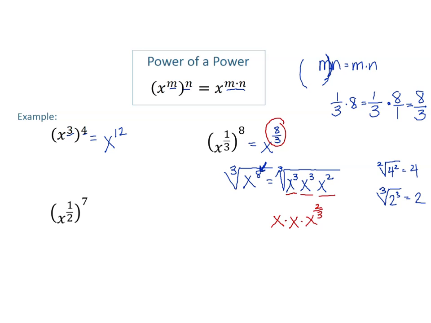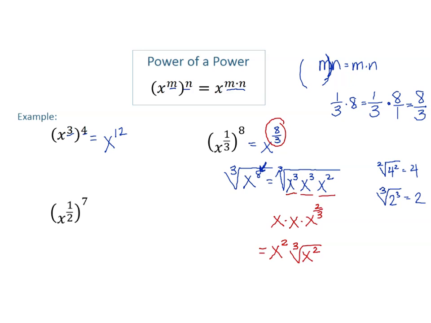Actually, x to the 2/3, sorry. Right? So now I've got x times x to the 2/3. If I wanted to write this in radical form, x times x is x squared, and then x to the 2/3, I could put it back in radical form.